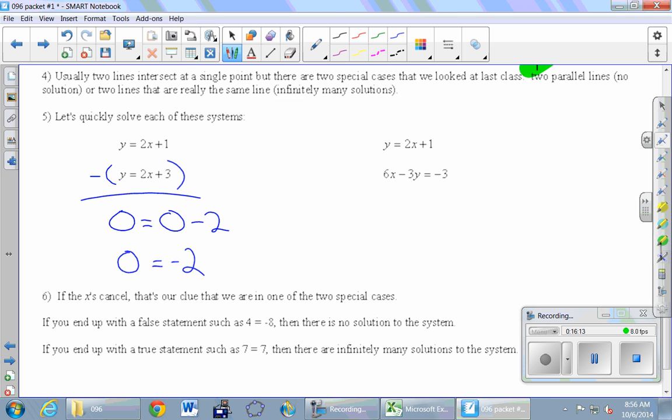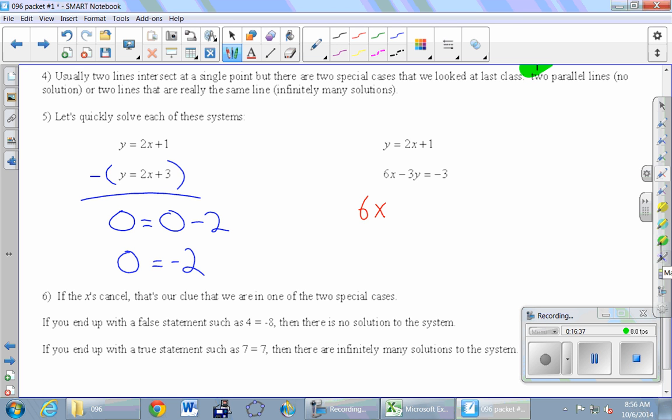All right, so we've got to figure out what that means. Let's put a pin in that for just a second and come over to this one. Different set of equations. Y equals 2x plus 1, and then 6x minus 3y equals negative 3. If one of the letters is already solved for, I'm almost certainly going to do substitution, because the first step in substitution is to solve for one letter. So let's try substitution on this guy.